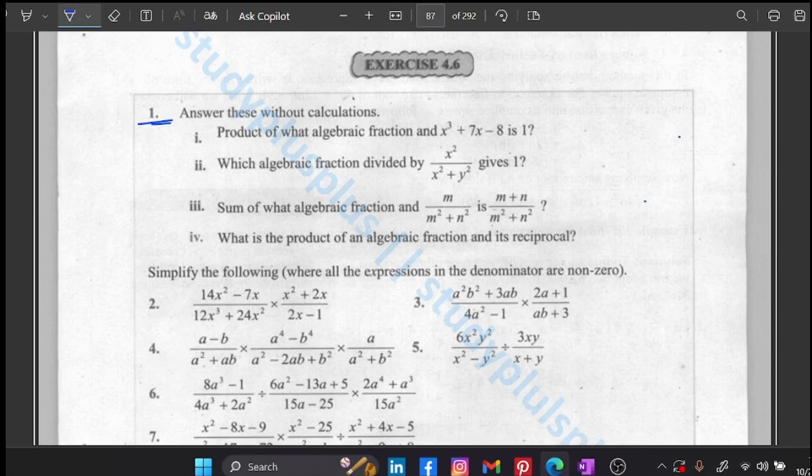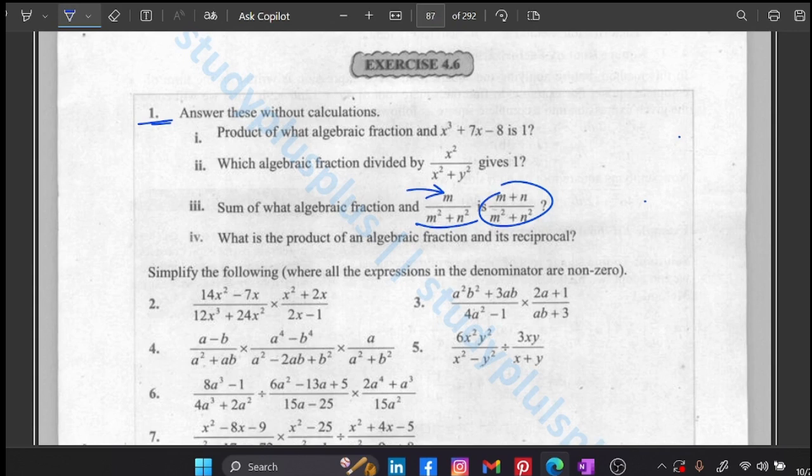Now let's move on to part 3. Sum of what algebraic fraction and this is equal to this. They are basically saying that we have the first expression, which is this.